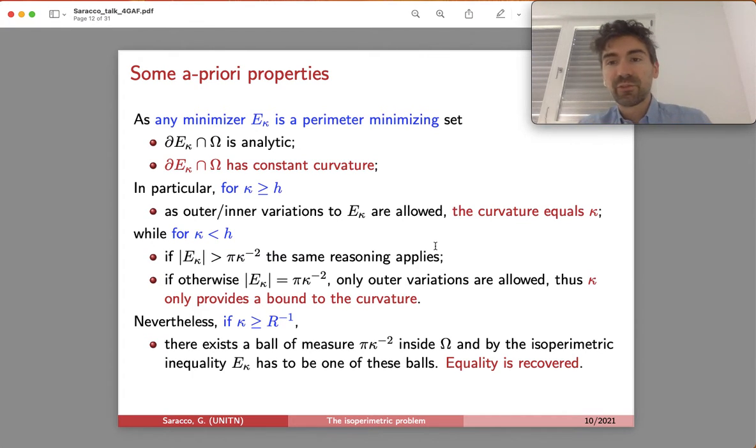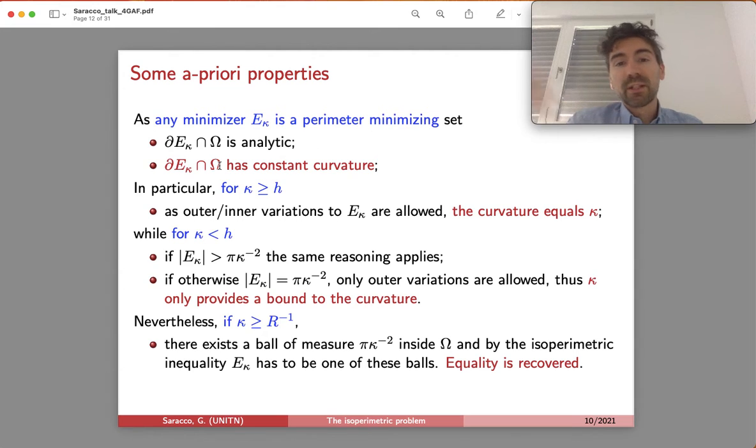And all this information on the curvature is the reason why we can restrict our analysis only to dimension 2. Because when you go to higher dimension, the interior boundary being analytic is still true up to some negligible closed singular set whose Hausdorff dimension is small.